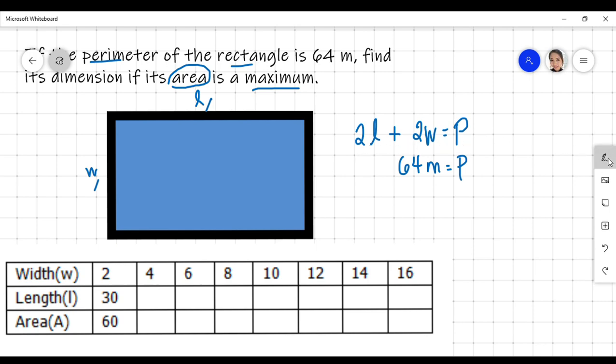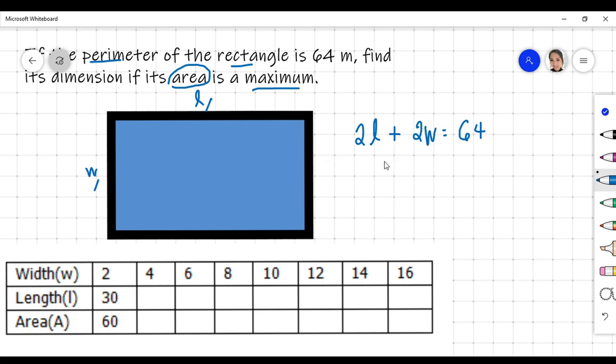So, to solve for that, okay, we know that our P is 64. So, replace natin yung P natin dito with 64. And then, since the width is already given, we will transfer 2W to the other side. So, we have 2L equals 64 minus 2W.